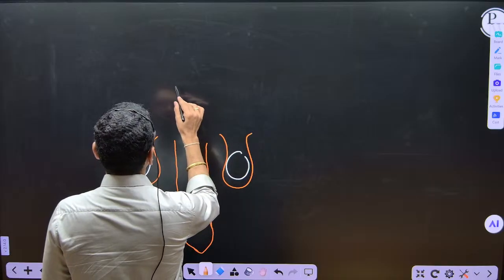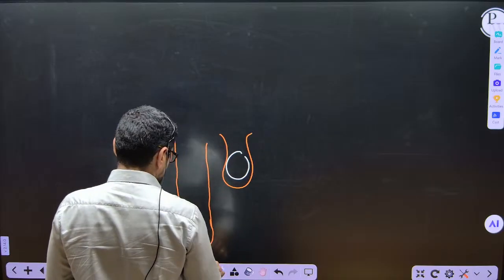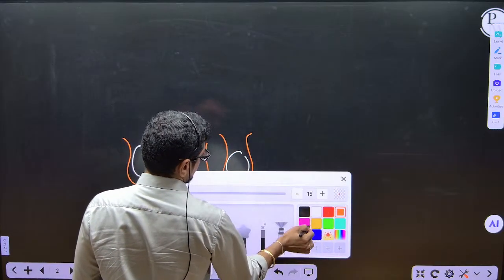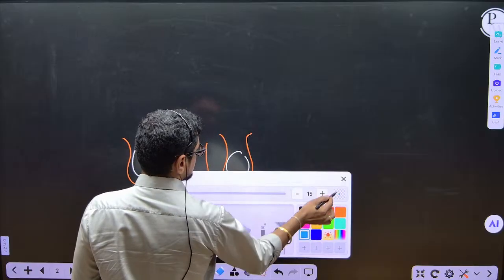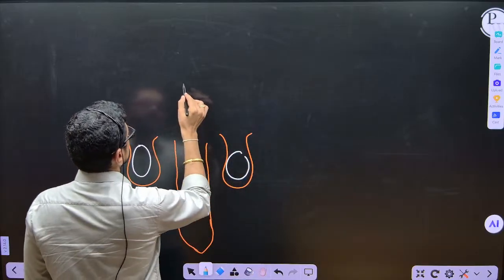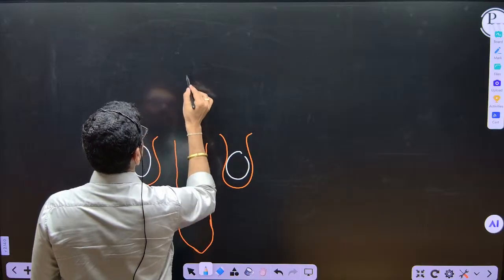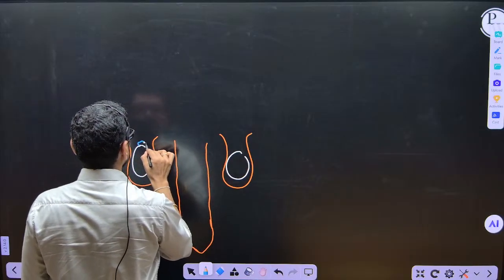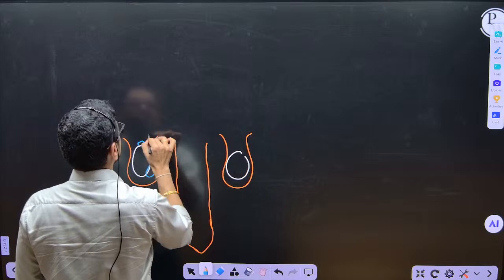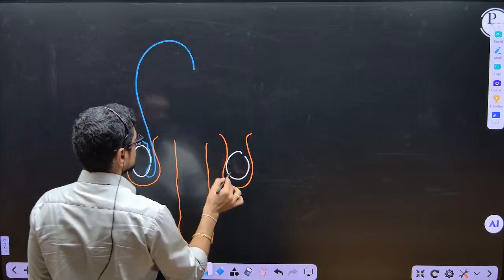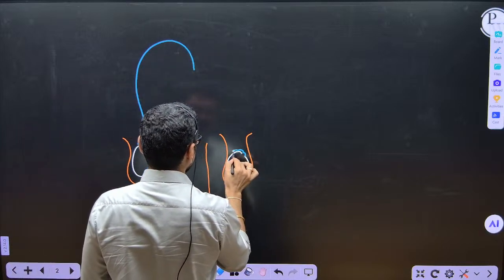Now you observe, this is an area, and similarly, this is an area.